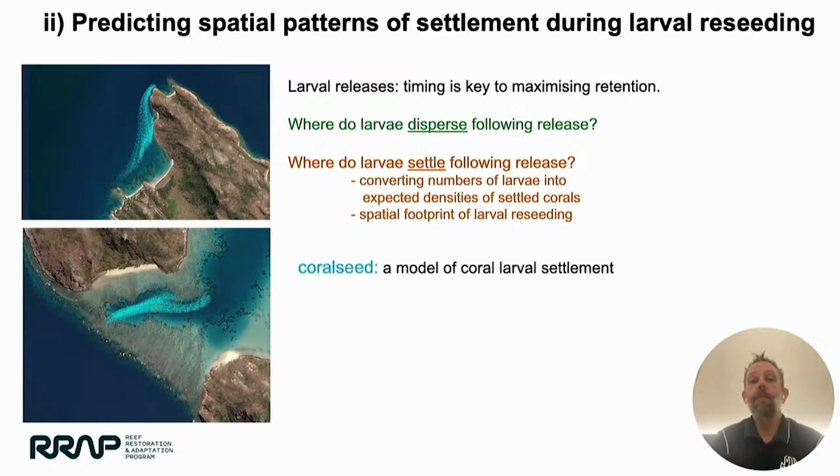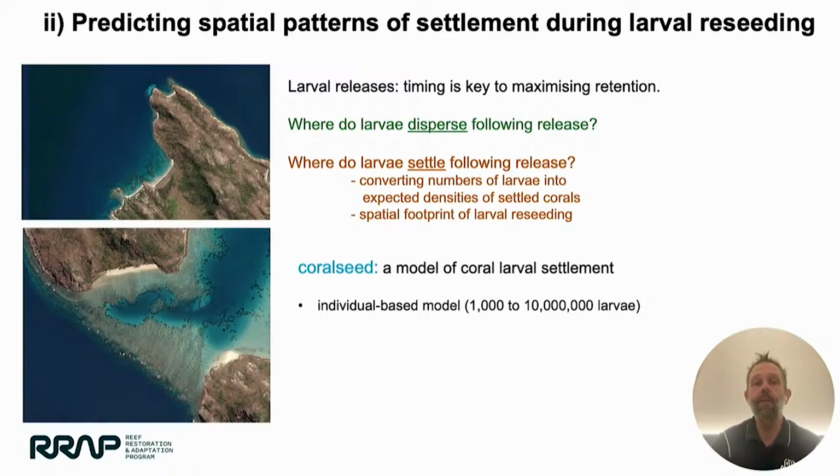To quantify this, we developed CoralSeed, which is a spatially explicit probabilistic model of larval settlement that leverages these high-resolution dispersal models. CoralSeed is an individual-based model, which allows upscaling from small-scale simulations of thousands of larvae to large-scale simulation modeling of releases of tens of millions of larvae.